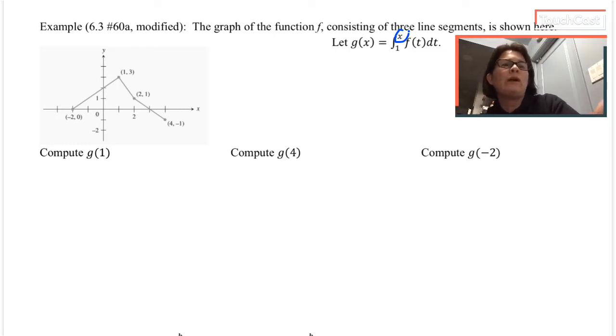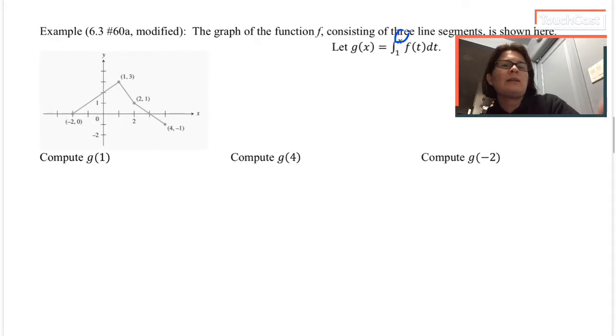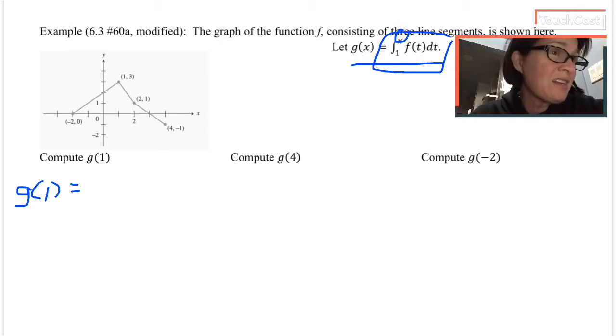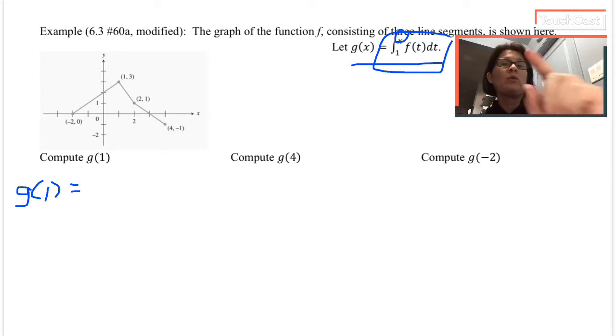So g of 1, I just want to write this expression so I get a little bit used to it. If g of x is the integral from 1 to x of f of t dt, then let me write g of 1. That means I'm going to look at this function rule, and anywhere I see x, I'm going to replace it with 1.